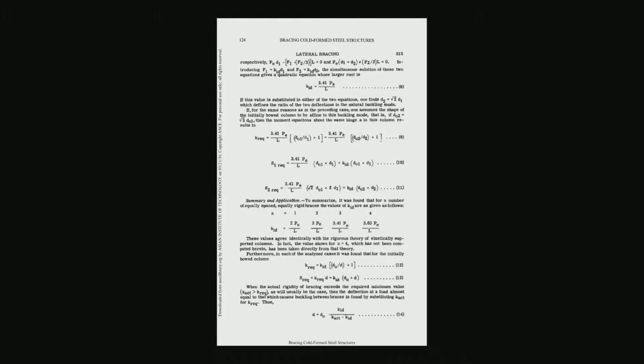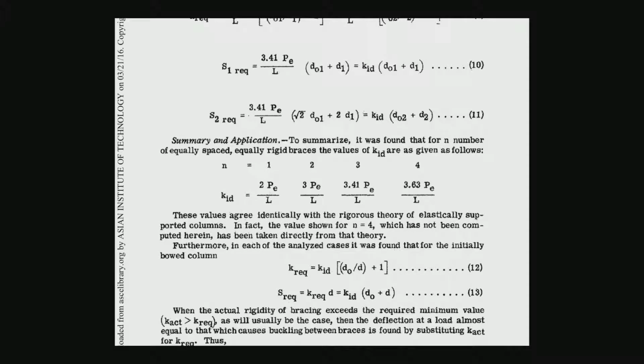But the point is that when you come to this place in the paper, this part talks about the K ideal that is actually increasing. It is increasing with the number of bracing points.